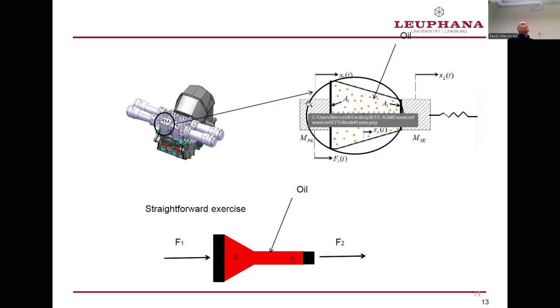Large or the big or the strong forces from the left part to small forces, but enough to the right part, but increasing the displacement. Yeah, can be done with this system here. Now we will see how it's working.